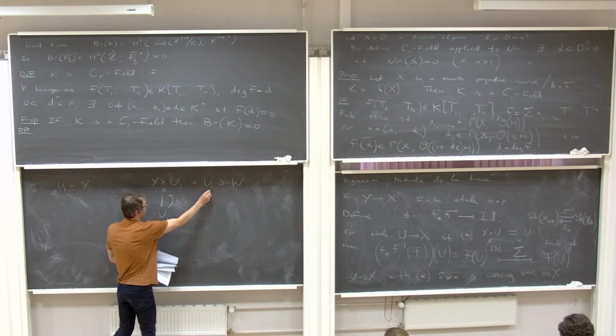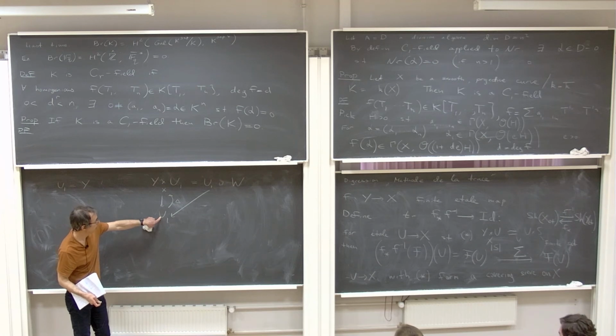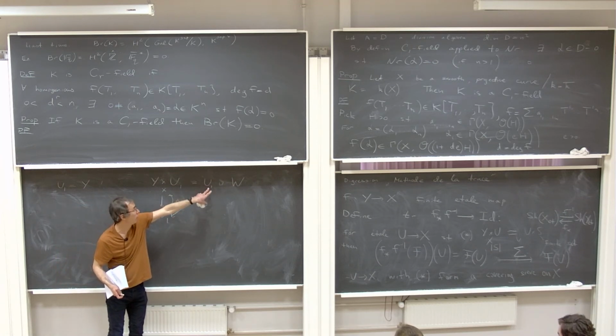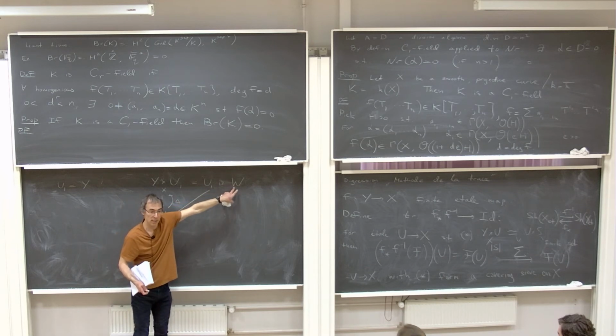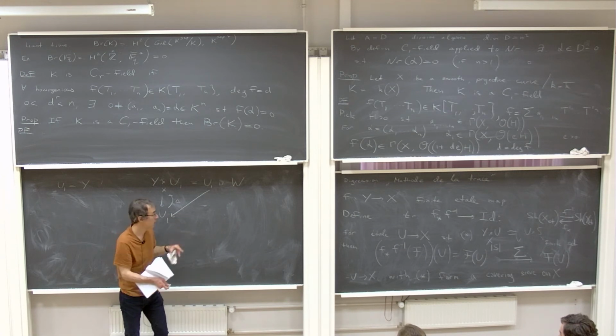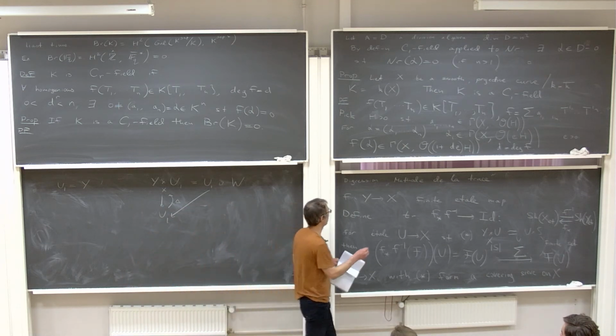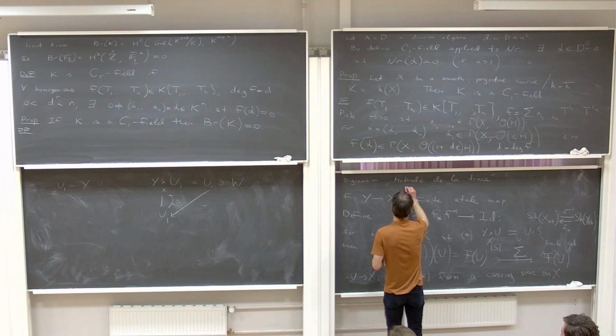So our cover pulled back to U1 is the disjoint union of a copy of U1 plus another finite étale cover, W to U1, which has smaller degree. So you see that X is quasi-compact. Why? I mean, degree might tend to infinity if X is very curved. Okay, maybe, yeah, quasi-compact.